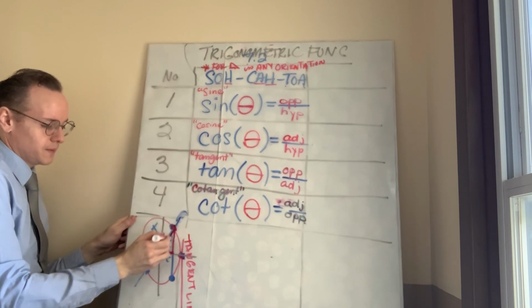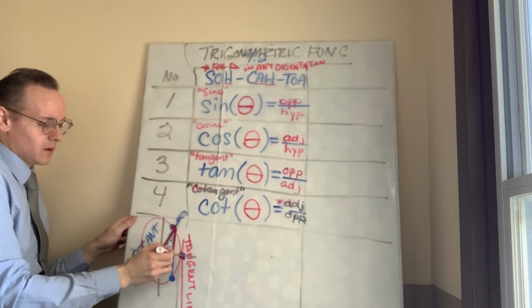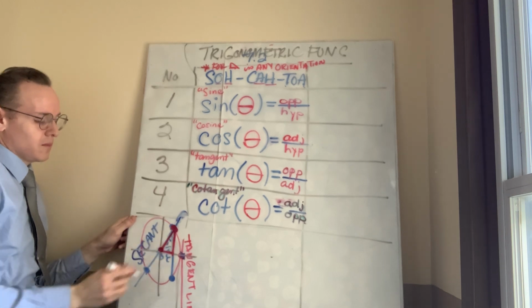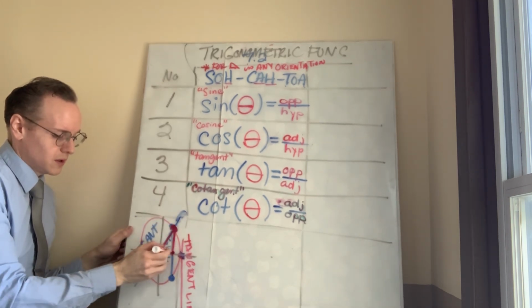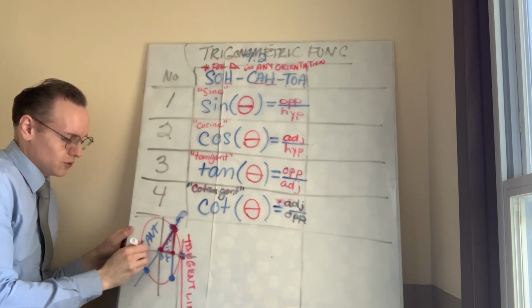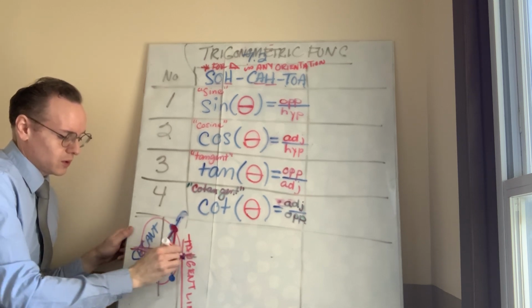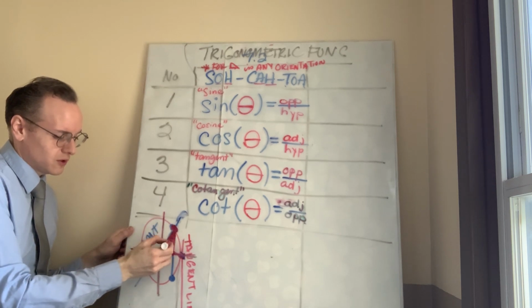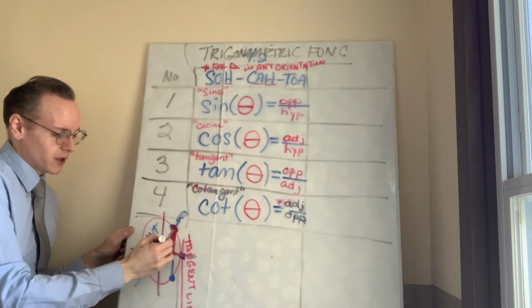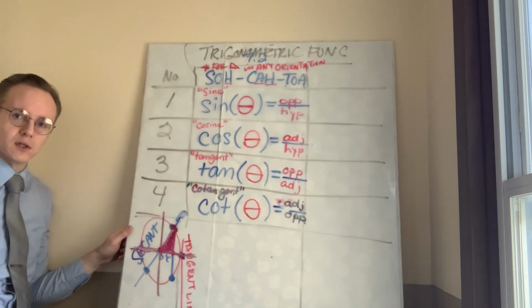If you took a chord and drew it through here, and then this is superimposed upon a coordinate plane as the center of the circle, you see that there is a right triangle formed in the process.